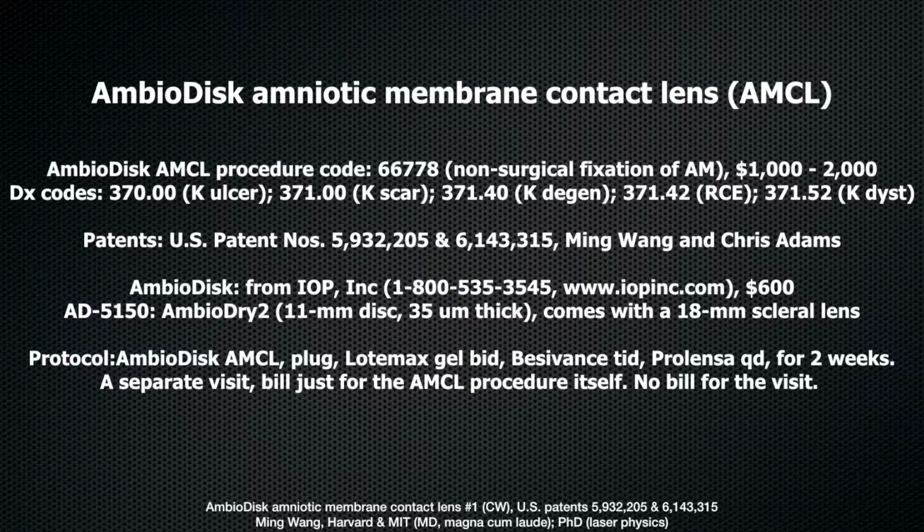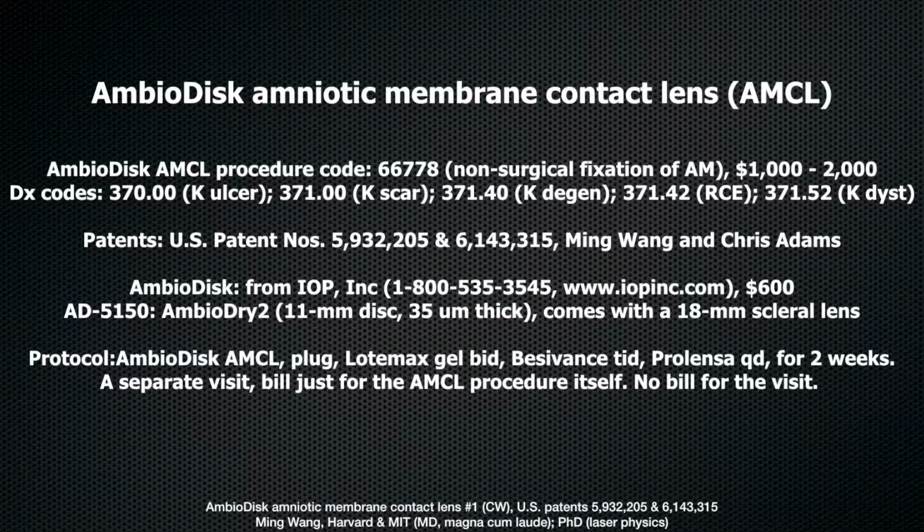And the AmbioDisk can be ordered from a company named IOP, and when one orders, the cost is about $600 and change, and the part number is AD5150 Ambio Dry 2 with 15mm disc and 35 micron thick.